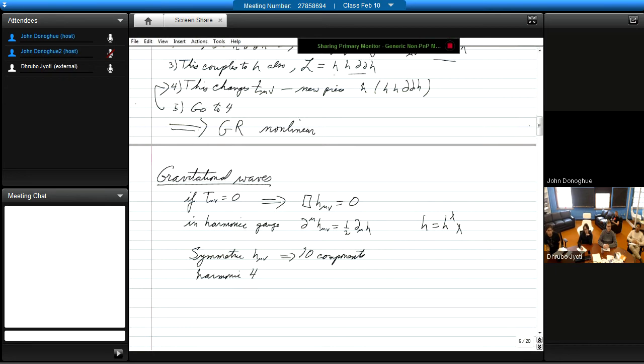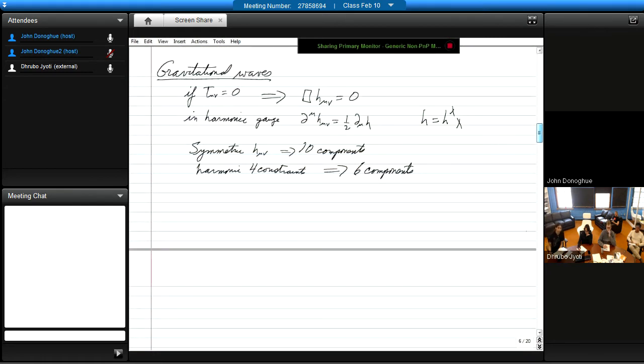That's 4 constraints. That gets you down to 6 components. But if you're in empty space, with T mu nu equal to 0, you can actually do another gauge transformation.